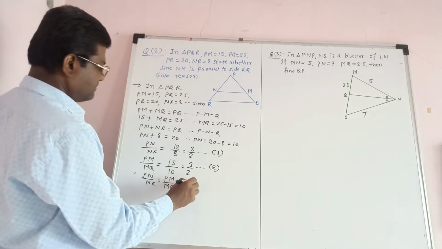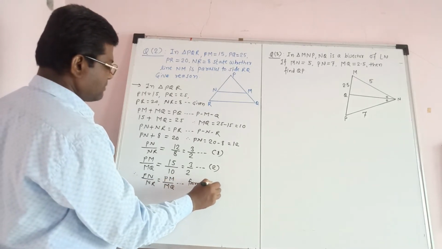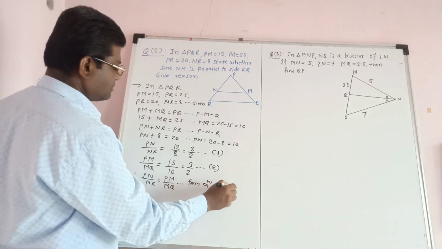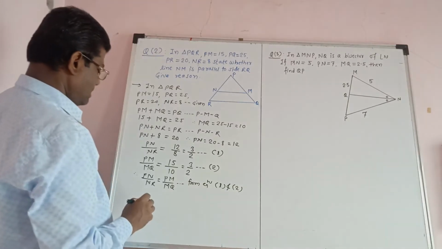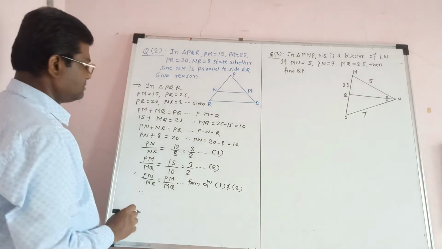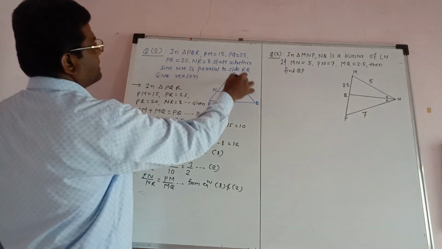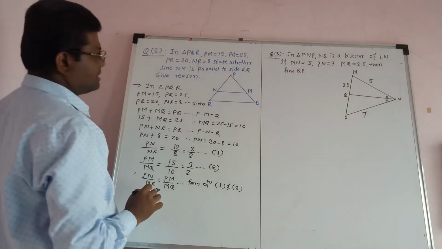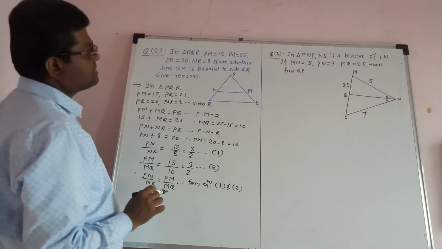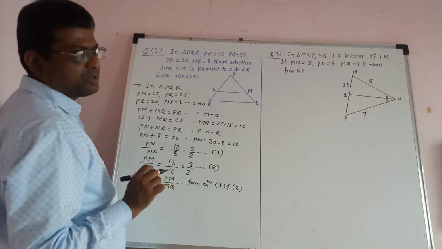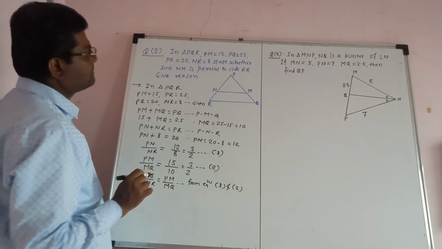The reason is from equations 1 and 2. Therefore PN upon NR is equal to PM upon MQ. This is according to the basic proportionality theorem.